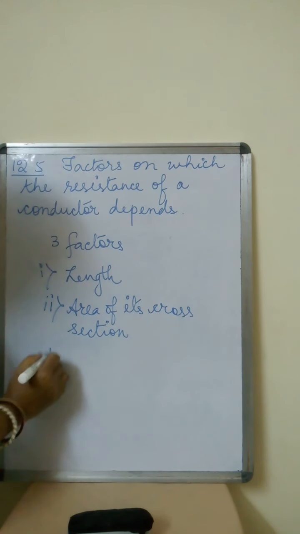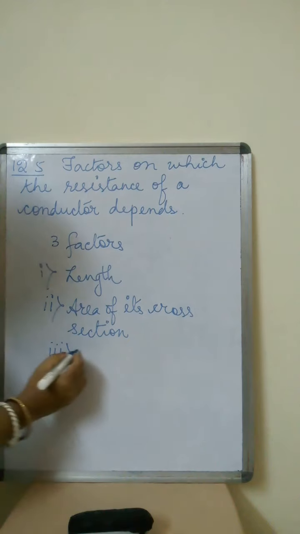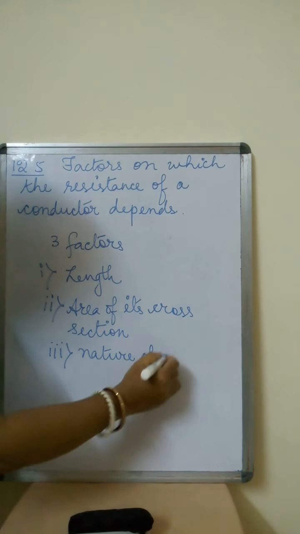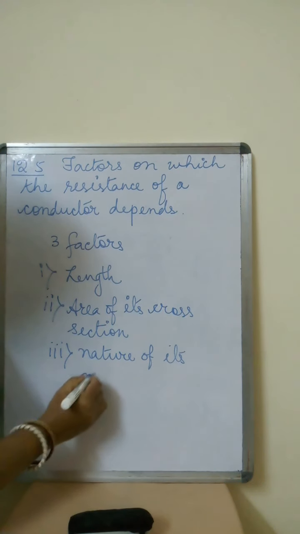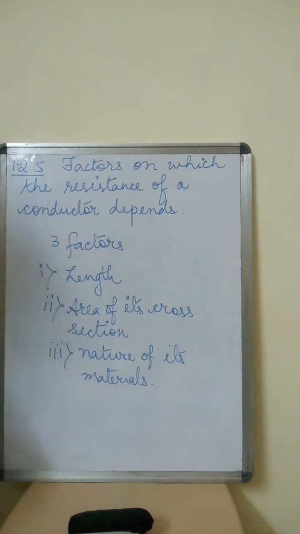And number three is the nature of its material. So these are the three factors on which the resistance of a conductor depends: length, area of cross section, and nature of its material.